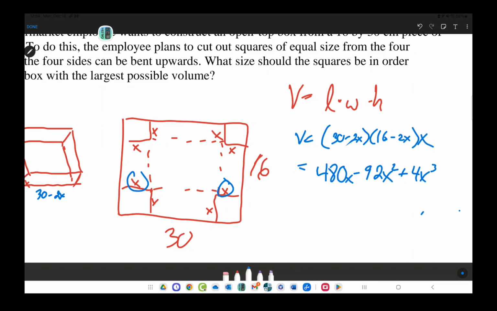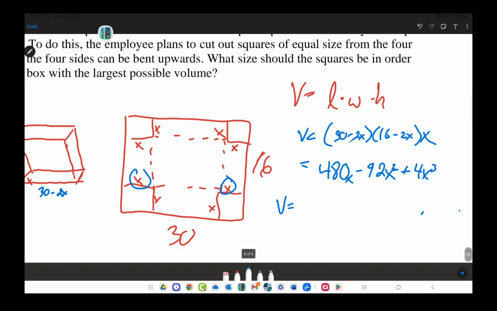So it gives me volume. Well, again, I want to find the max value, so I take the derivative of this. I can put this in order as 12x squared minus 184x plus 480.